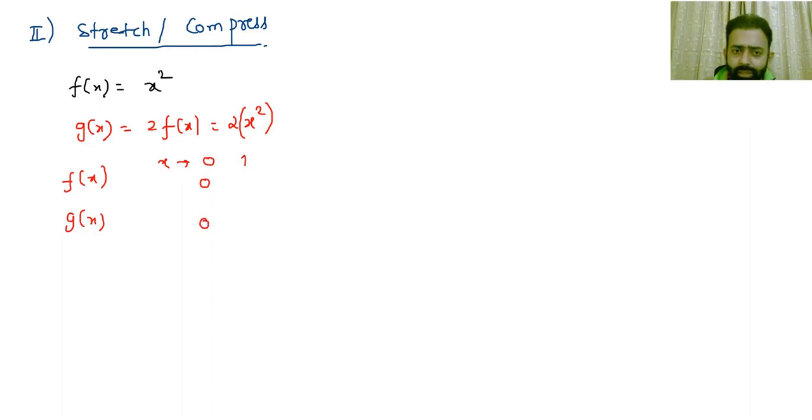If x was 1, f(x) was 1 and g(x) will be 2. If x is 2, f(x) is 4, g(x) becomes 8. If x is 3, f(x) becomes 9, g(x) becomes 18, and so on. Let us plot these points and you will see the result.